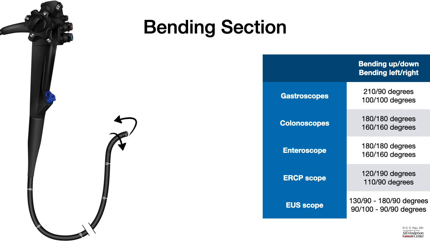I hope you appreciate the differences in various scopes and the different issues that could be addressed by picking up the best scope based on the length, insertion tube diameter, channel diameter, and bending section.